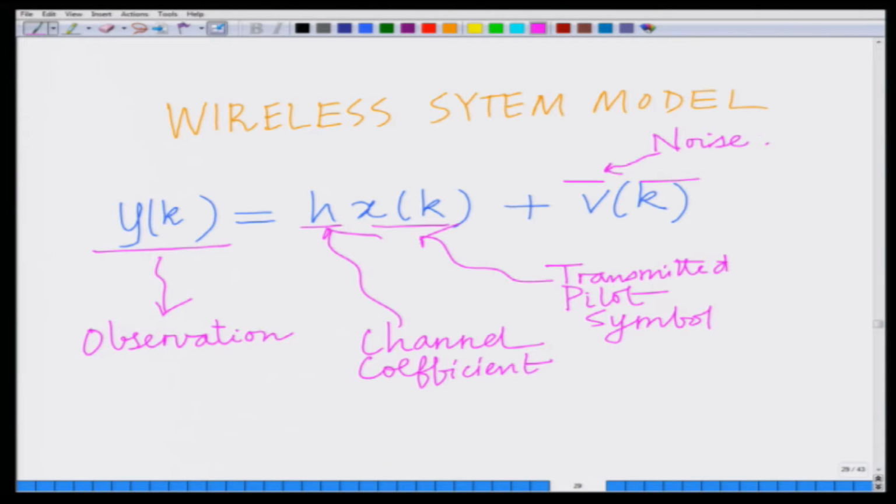So, we have this model Yk equals h times xk plus Vk in the wireless system, and this describes the input output model of a wireless communication system.